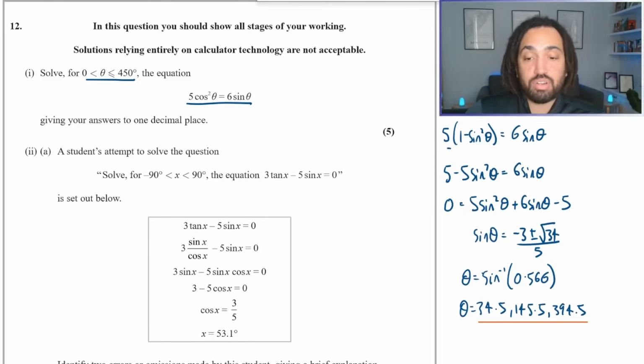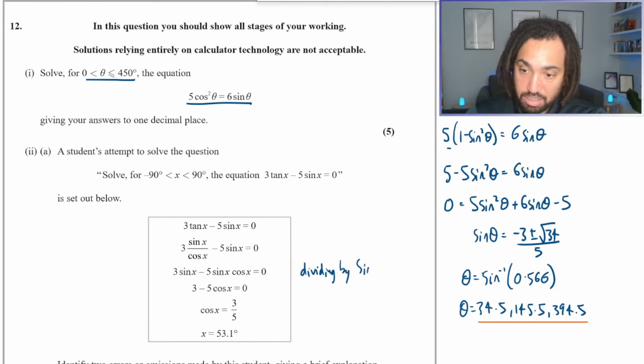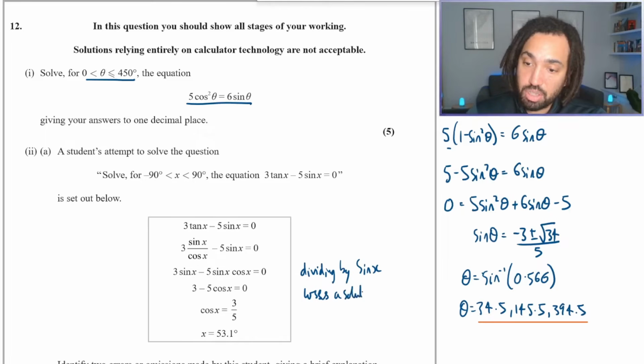No, it's not actually, that's fine. It's them dividing by sine, which is the issue. Okay, so here, dividing by sine, x loses a solution of sine x equals 0.